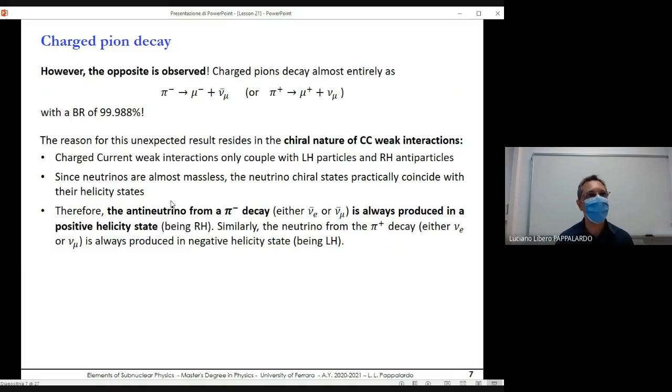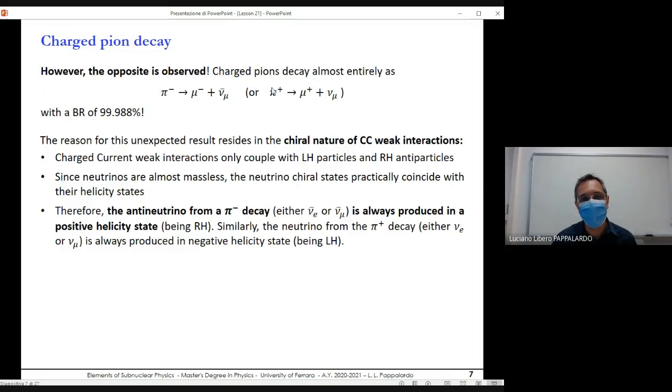So a left-handed neutrino corresponds to a negative helicity state, and a right-handed neutrino, which does not exist, would correspond to a positive helicity state. So the antineutrino from the pi minus decay, either the muon antineutrino or the electron antineutrino, is always produced with a positive helicity because it is a right-handed antifermion.